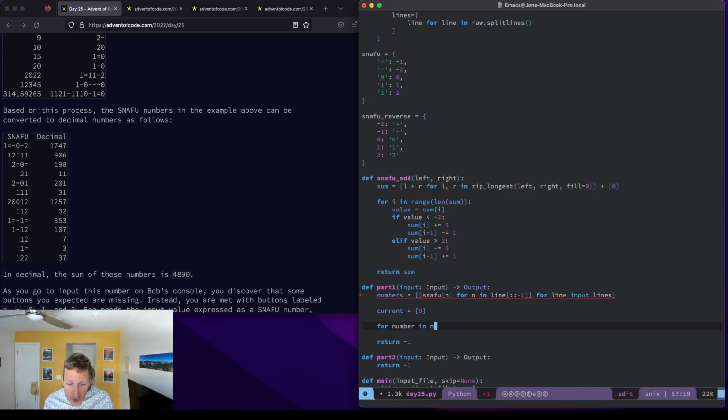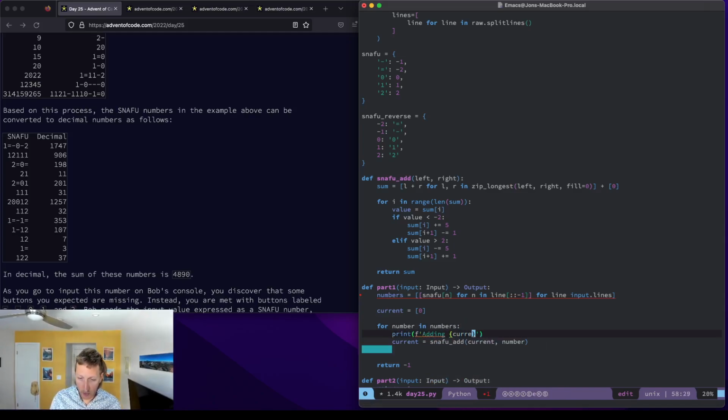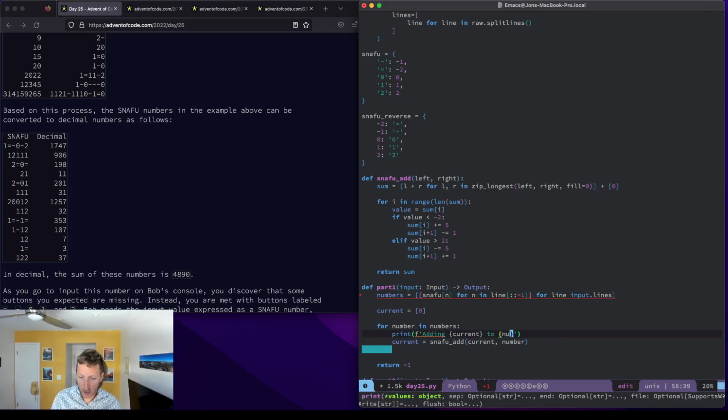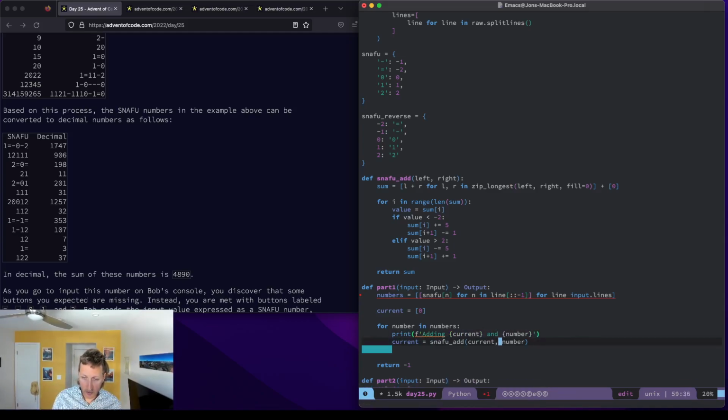For number in numbers, current equals snafu_add(current, number). Print adding current to number. Then we need to convert back.